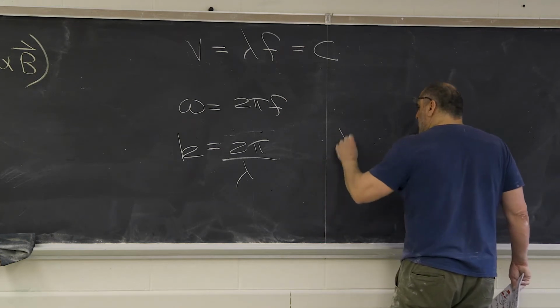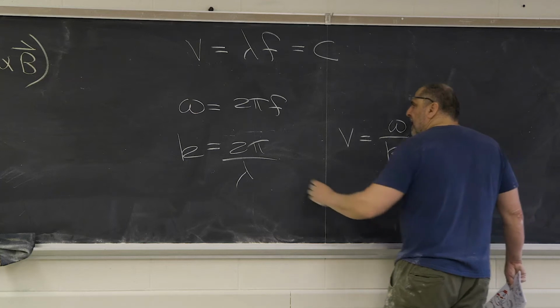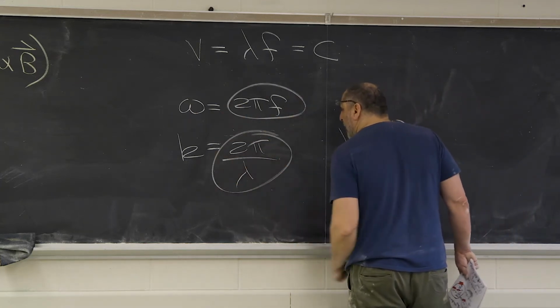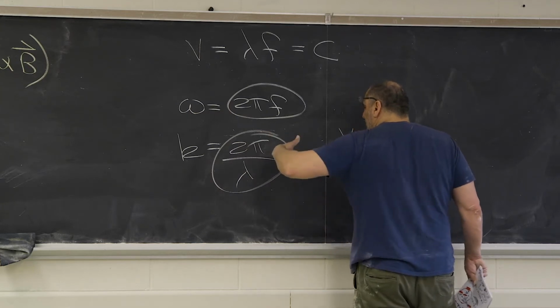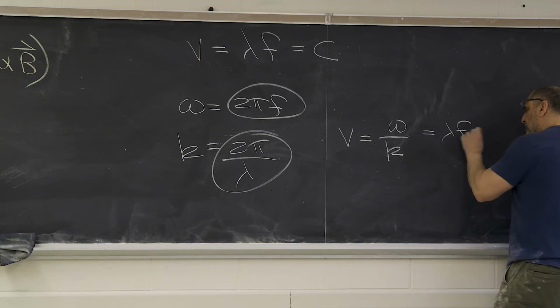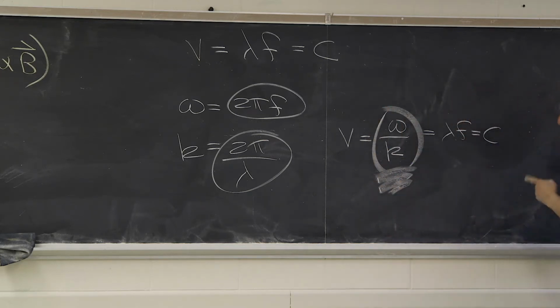So v is equal to omega divided by k. If you took this, 2 pi f, and divide it by 2 pi over lambda, the 2 pi's cancel, the lambda pops up. That speaks a lot to us.